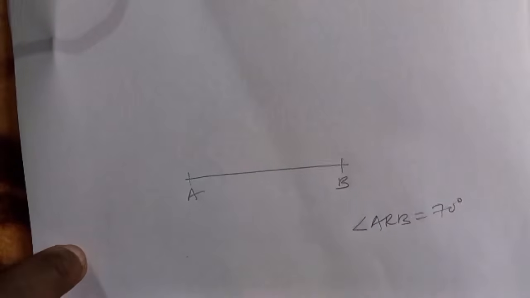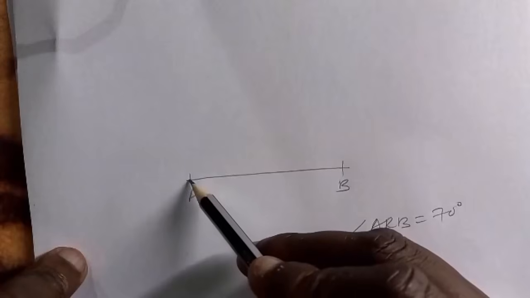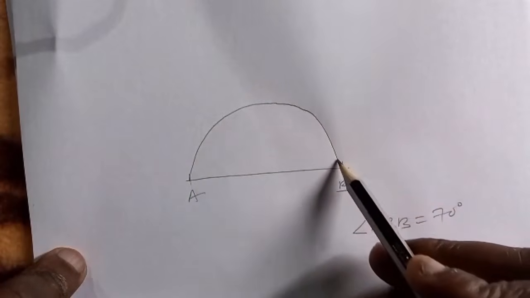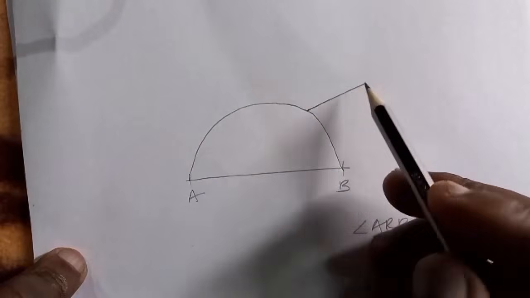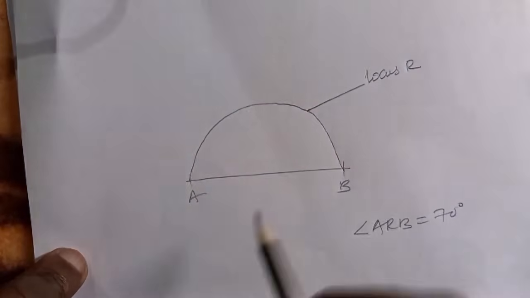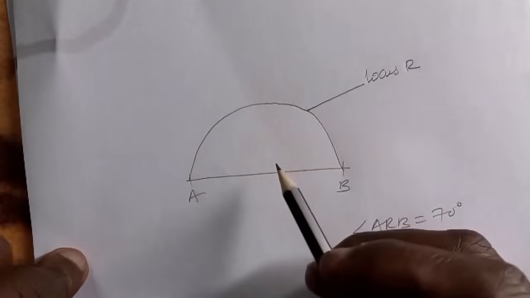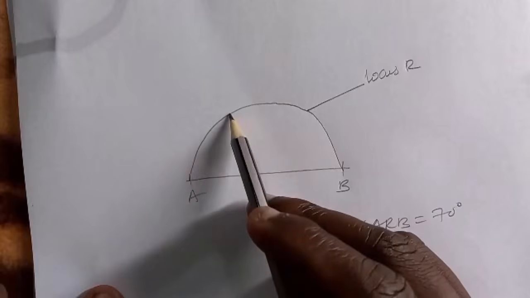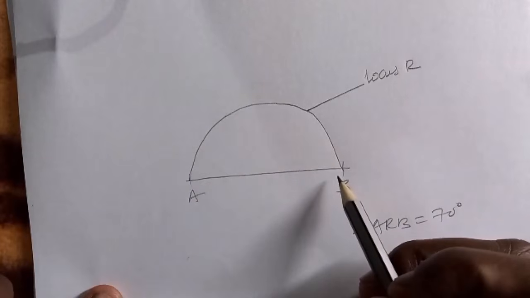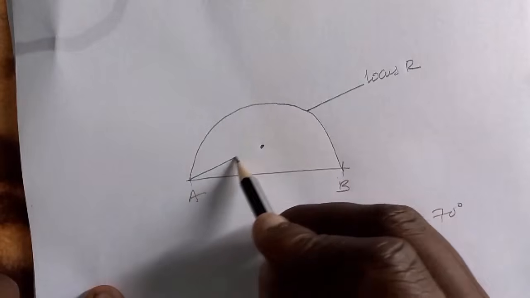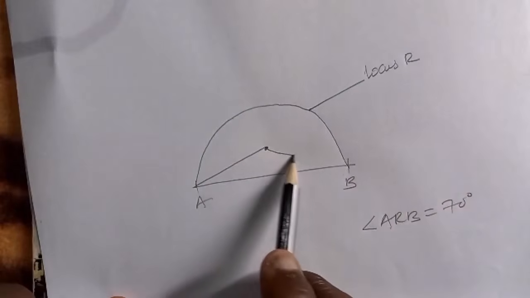How do you get that? By simply making an arc like that, and all points on this arc will be locus R. How do you ensure that any angle made on this arc from A to B will be 70 degrees? You need to construct the center there.